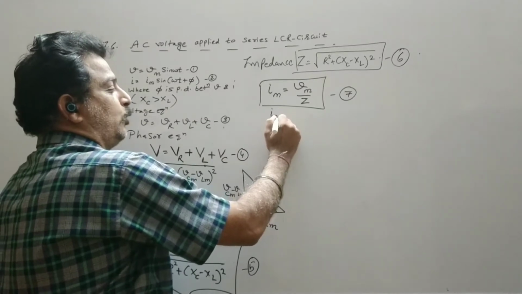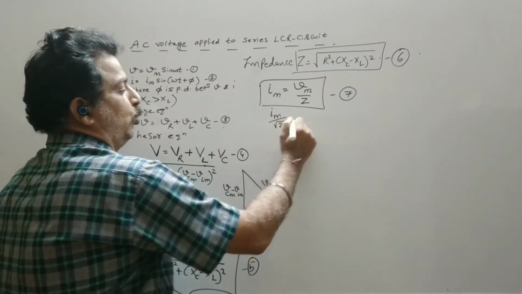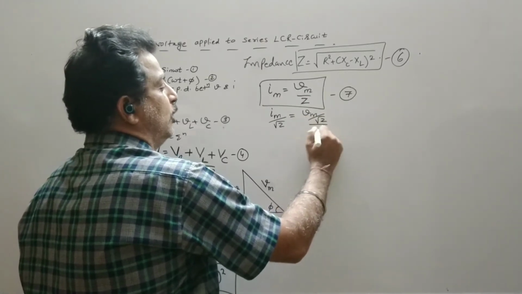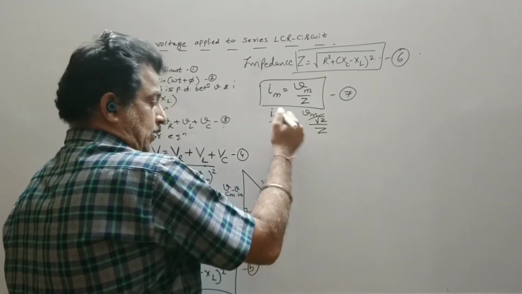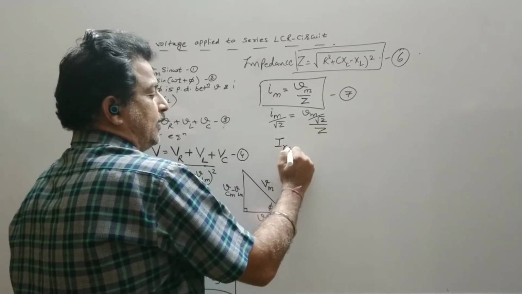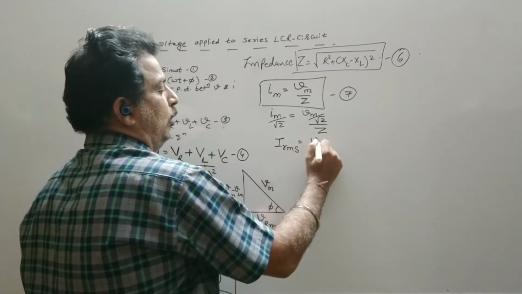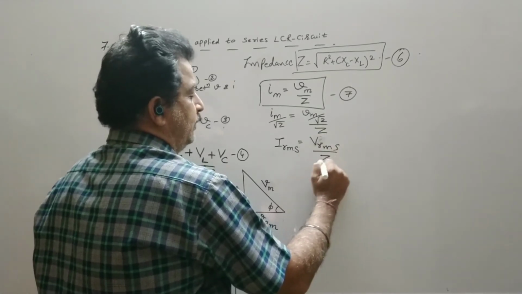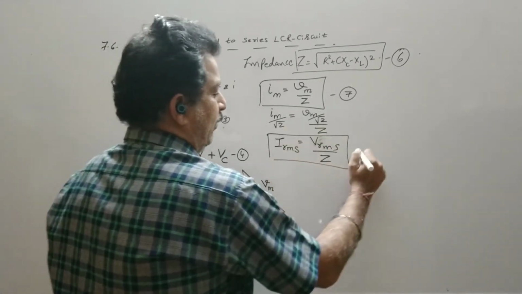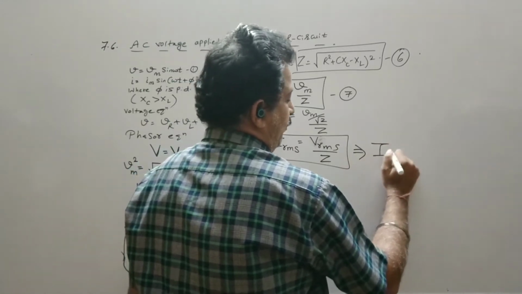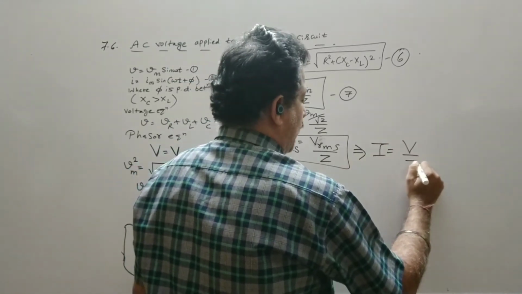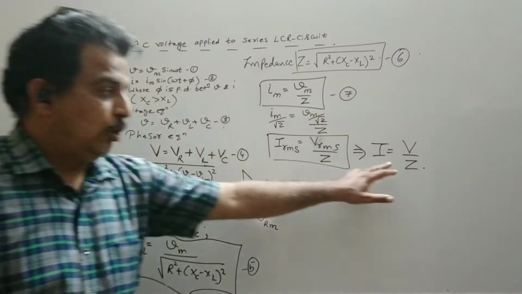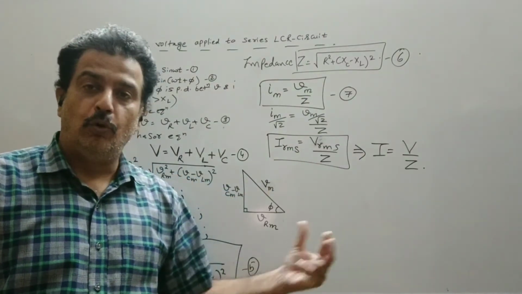So Im divided by root 2 is equal to Vm divided by root 2 upon Z, which can be written as Irms is equal to Vrms upon Z. That is Ohm's law. And in our book we followed the symbol of capital R because it resembles Ohm's law.